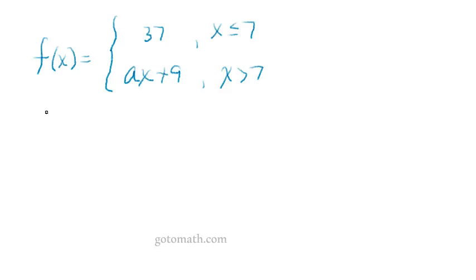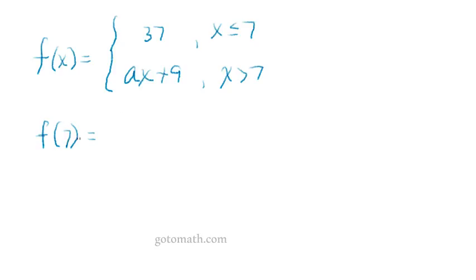So if we were to look at that definition of continuity, first thing we're going to test is f of 7. I'm going to do this time without drawing a graph because it's just a whole lot faster. Plus, it's probably something that you should know how to do without looking at a picture.